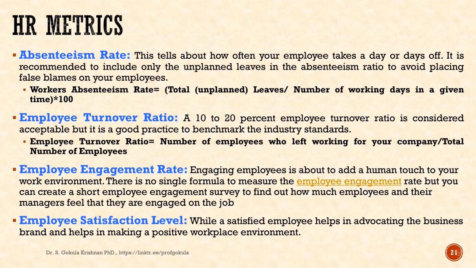When they are not coming, the scheduled productivity or scheduled tasks could not be completed. And when somebody is not coming, the manager in charge will give additional responsibility or workload to the other employees, which will demoralize them. So that is how the absenteeism rate is going to impact your day-to-day activities. So you need to be very careful on that.